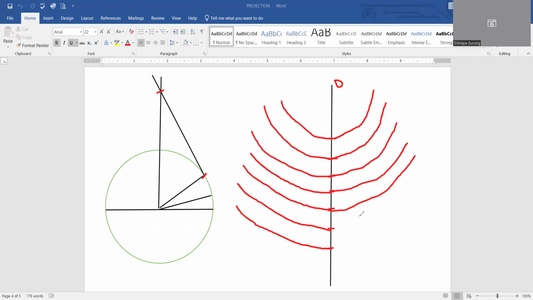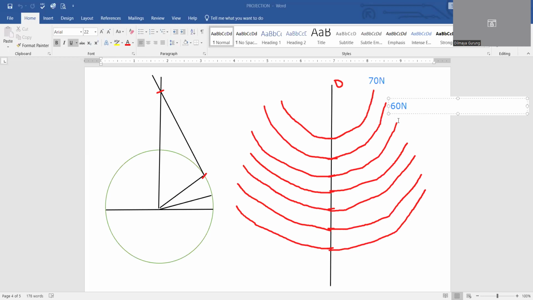This is our 20-degree north and 10-degree north. Let's label now, starting from here. The first line is our 70-degree north. The second line indicates 60-degree north.